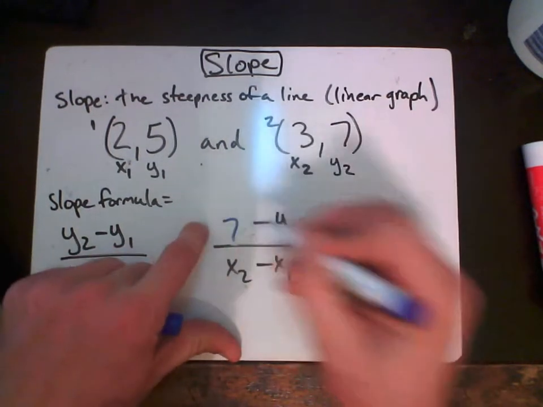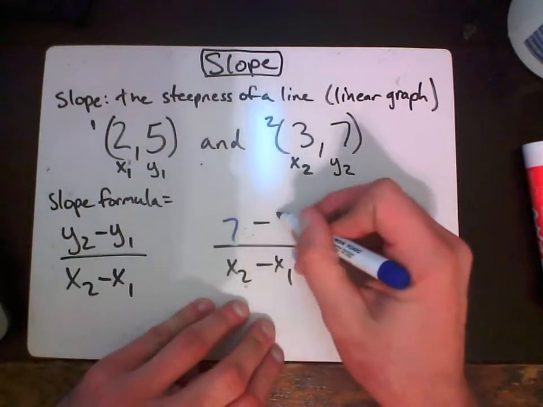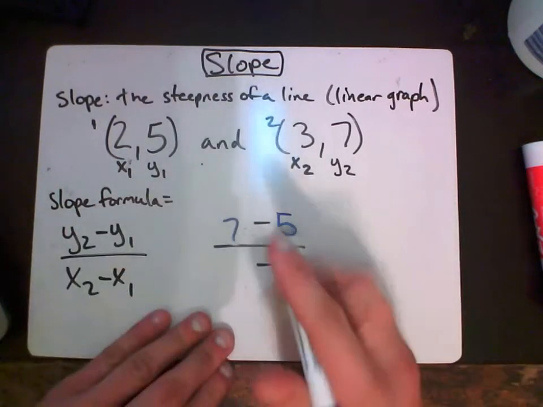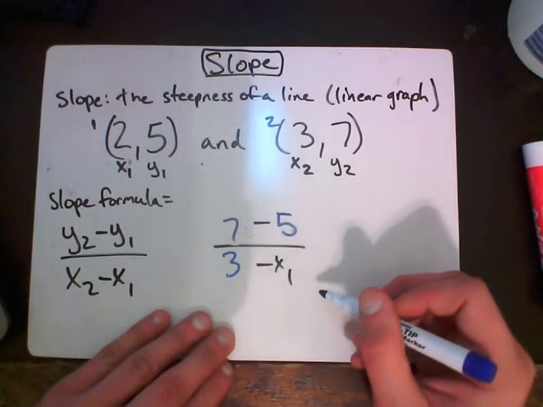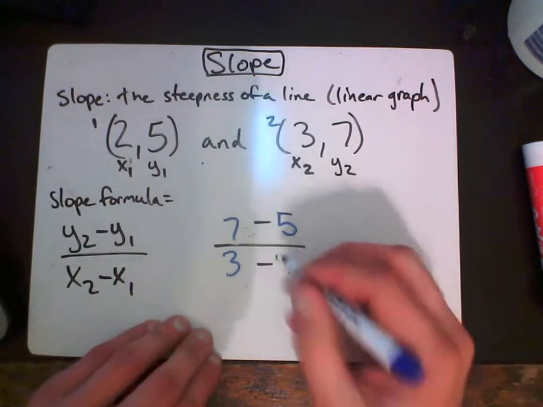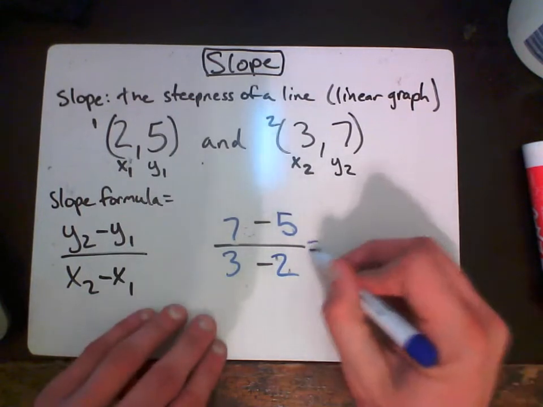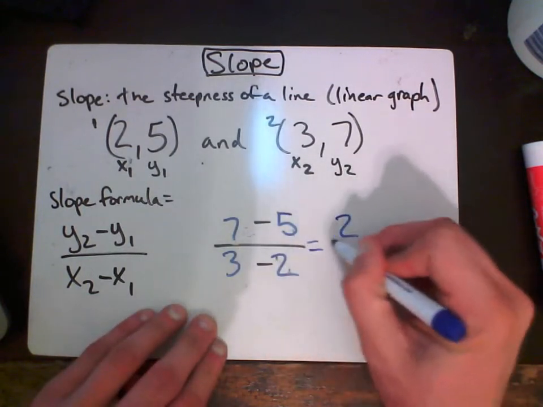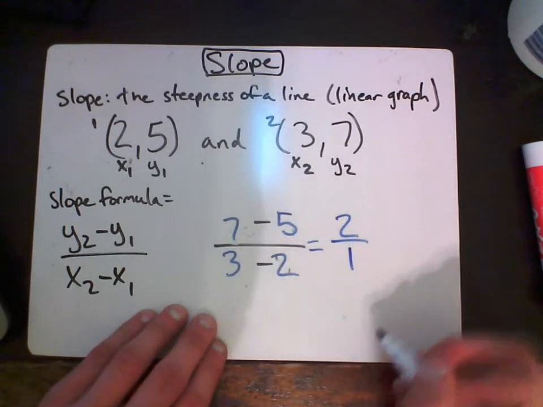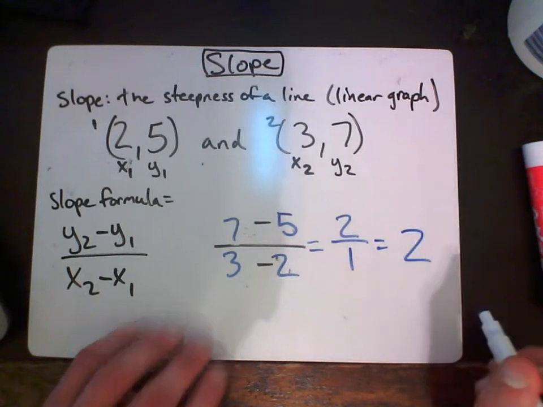My y1 is 5. x2 is 3. x1 is 2. Now we're just left with some easy subtraction and division. 7 minus 5 is 2. 3 minus 2 is 1. If I simplify that, I get good old 2.